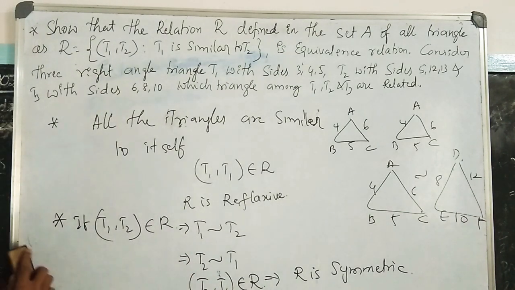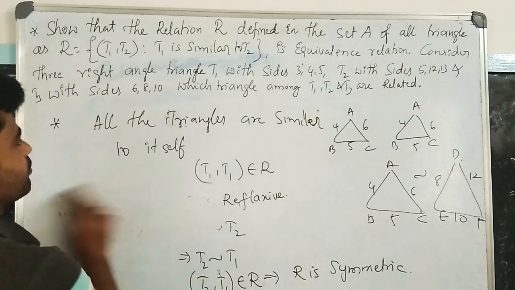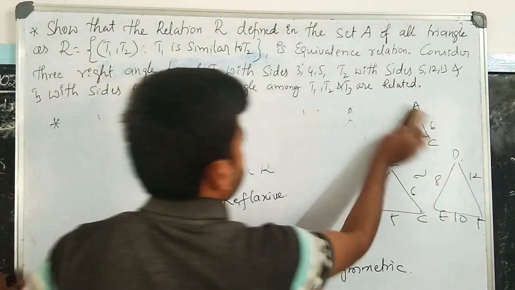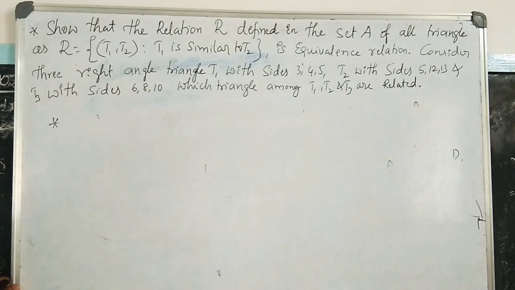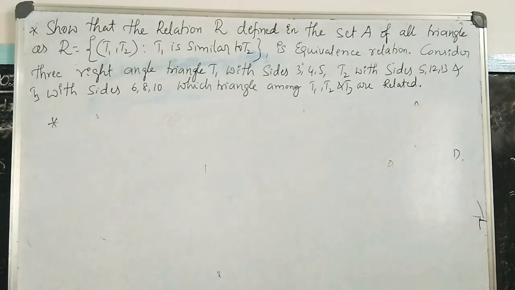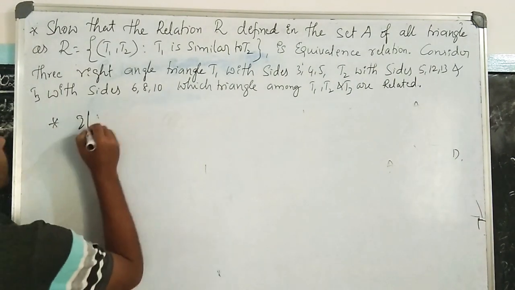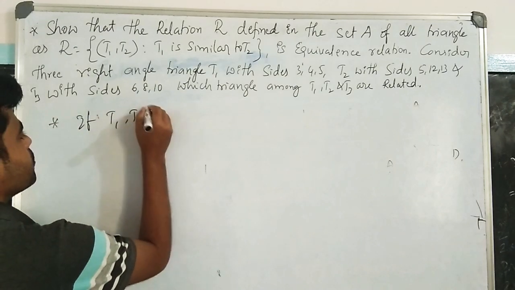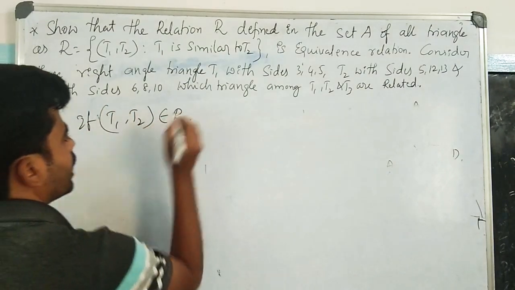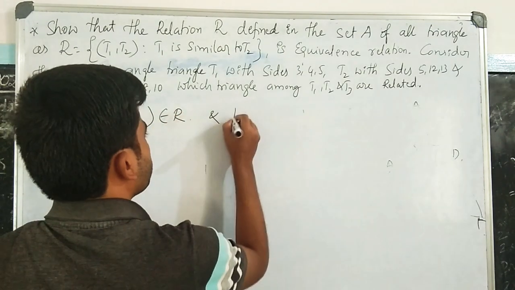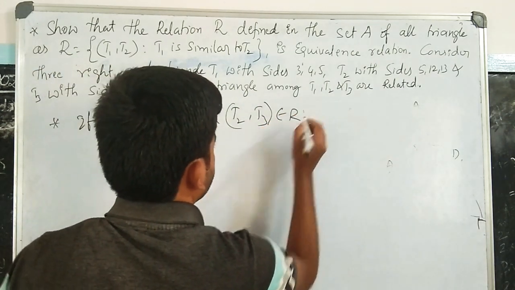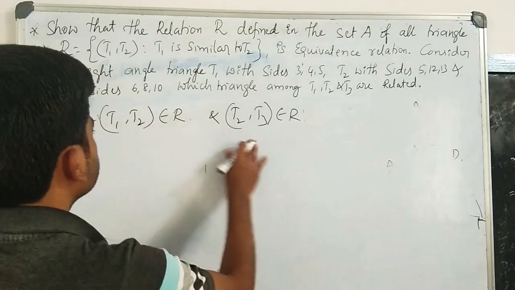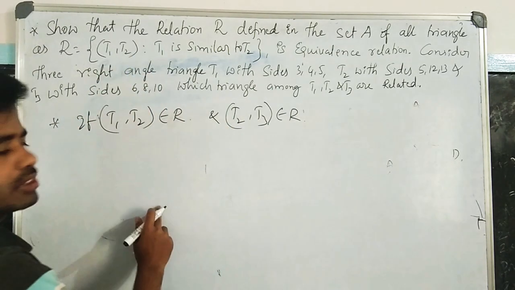Now R is reflexive, R is symmetric, and one more: whether R is transitive or not, we have to check. Okay. Now let me see. Now we will take two ordered pairs. If (T1, T2) belongs to R, I will take it, and also one more ordered pair (T2, T3) in R. For both ordered pairs to be in the relation, what is the condition?